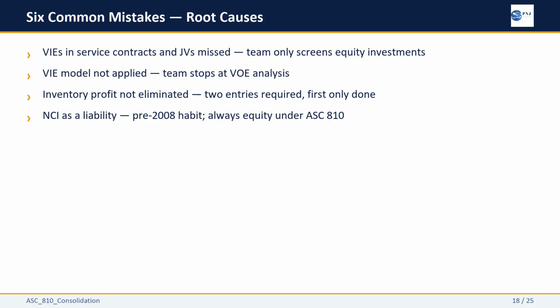NCI as a liability persists from pre-2008 guidance. Gain or loss on partial sales while retaining control comes from treating the transaction as a disposal rather than an equity transaction. And CTA stays in OCI on deconsolidation because the reclassification step is overlooked.